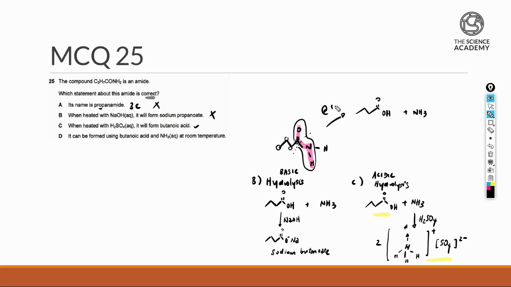So at RTP, this is going to be unlikely to happen. Right? Again, amide linkage increases the thermal stability of the compound. So option D will be removed. We're going to be left with option C.